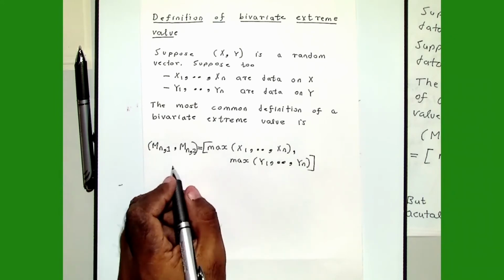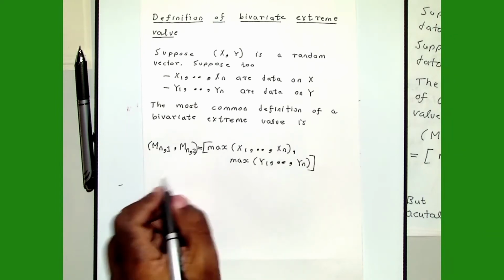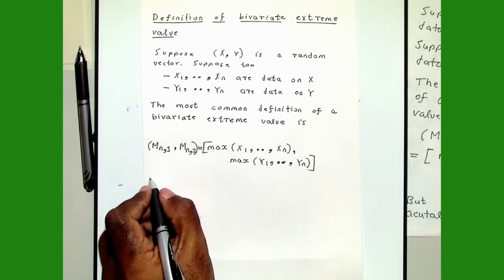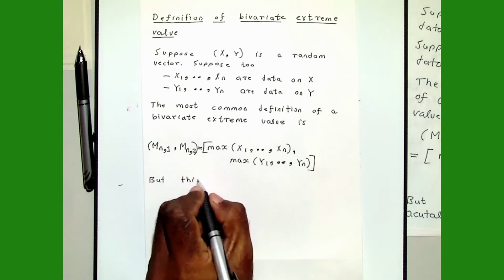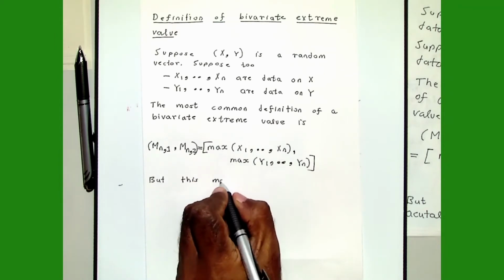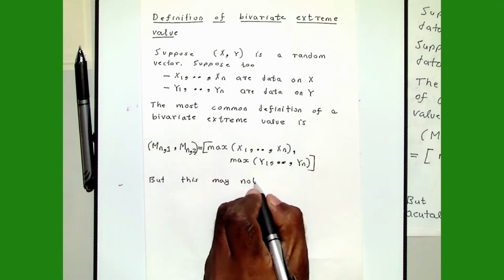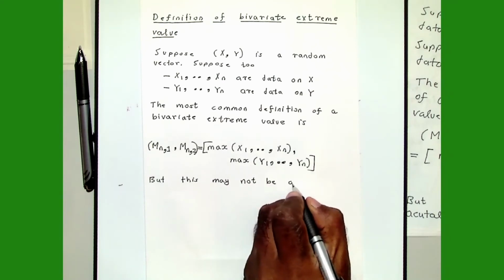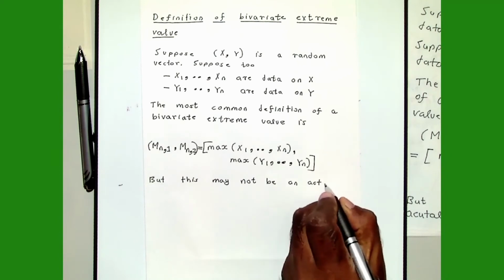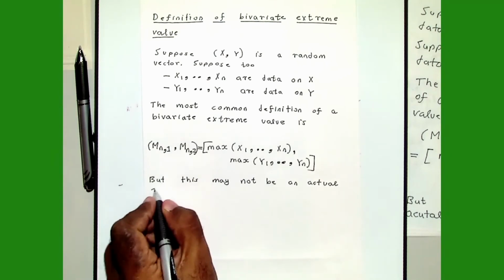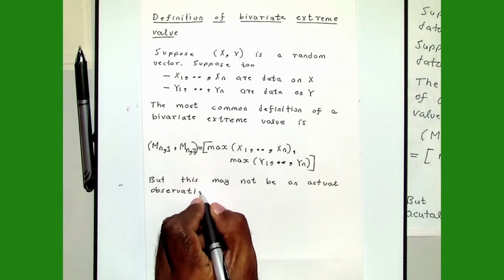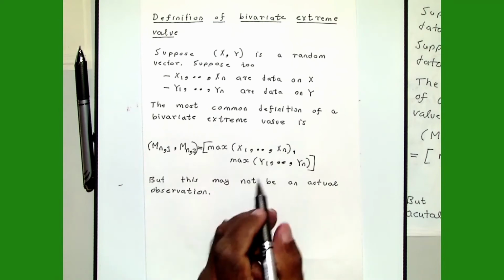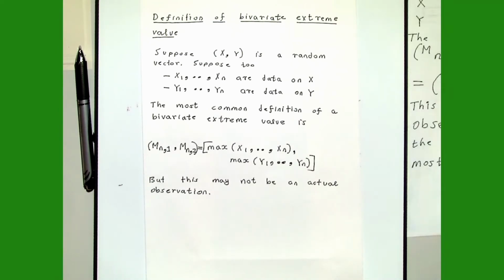But there are drawbacks in every definition. The problem with this definition is that this may not be an actual observation. What I mean by that is the following.